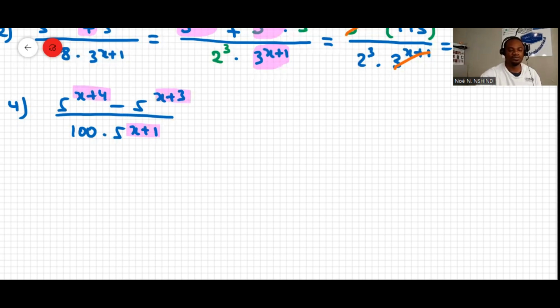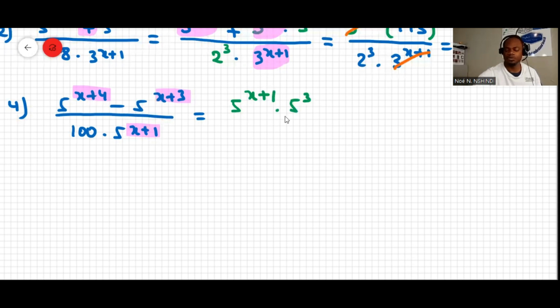Now, what I can do, I can break this one into 5 to the power of x plus 3 times 5 to the power of 1. Knowing that, I meant to say, x plus 1 multiplied by 5 to the power of 3, this combined makes 5 to the power of x plus 4.